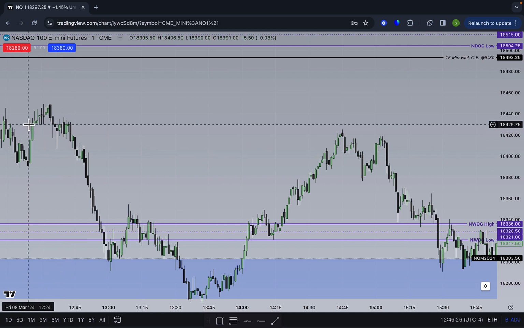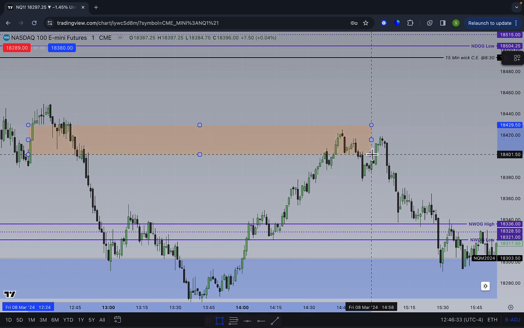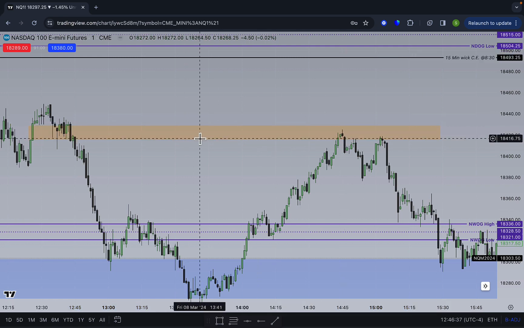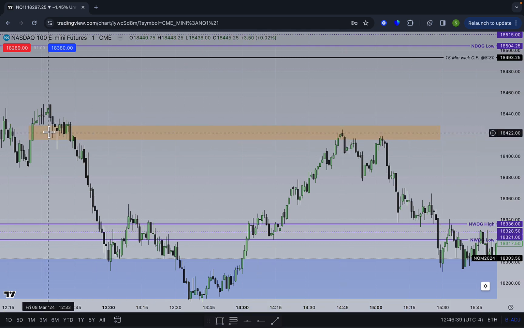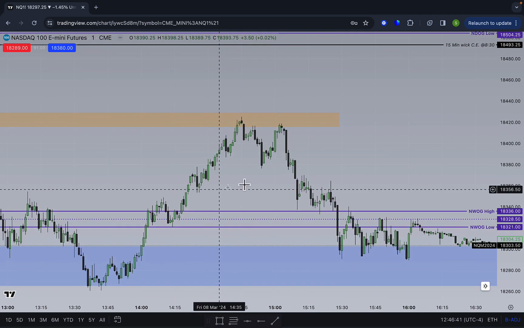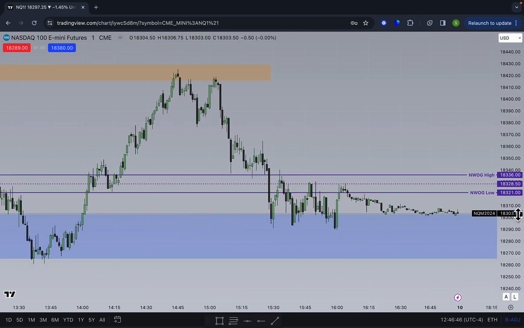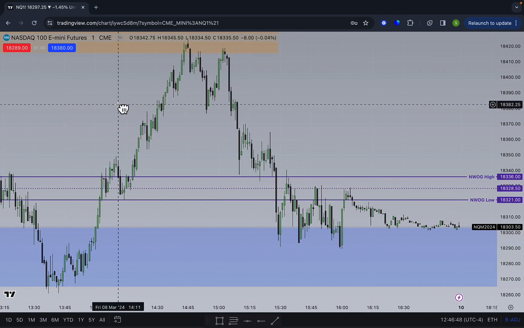That is another area where I want to see it act as resistance. Not your typical retail support and resistance, but you see how it's respected very nicely there as that inversion.